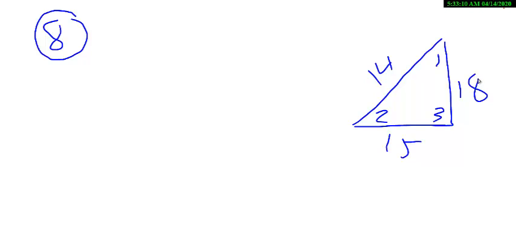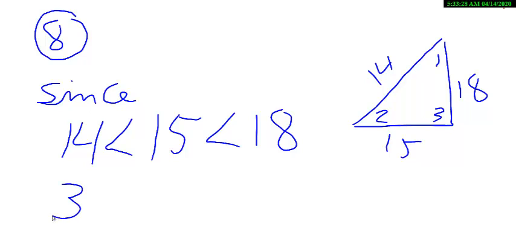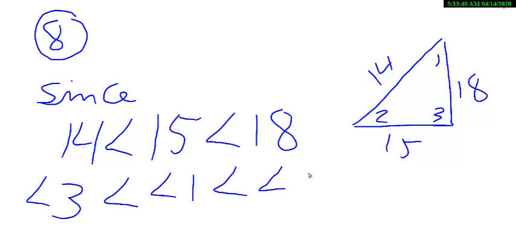So here, if we look at angle number 3, opposite to 14, since 14 is less than 15, which is less than 18, angle 3, opposite to 14, is less than angle number 1, which is less than angle number 2, which is opposite to 18.